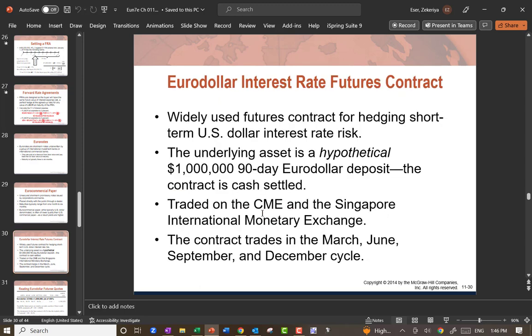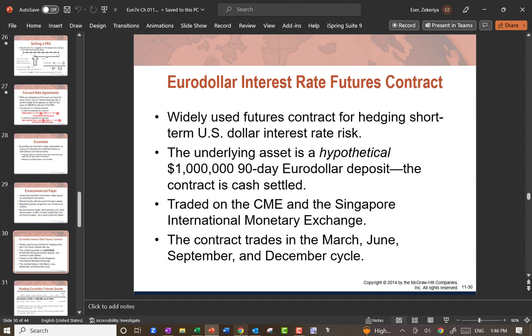All right, let's talk about a contract that, unfortunately, does not exist anymore, but we're going to talk about a contract that actually replaces it, because the Euro-dollar futures contract was based on the LIBOR. LIBOR is no more, starting this summer.